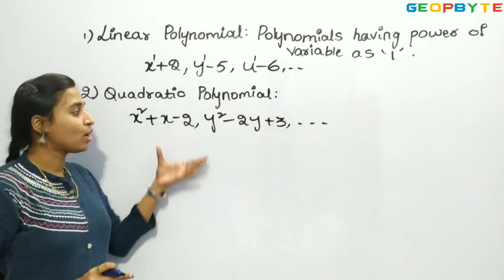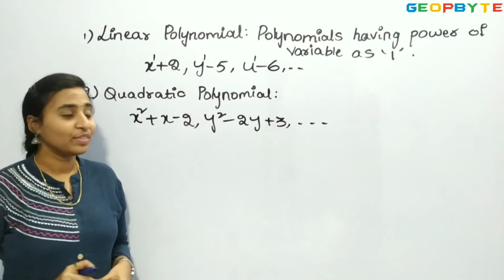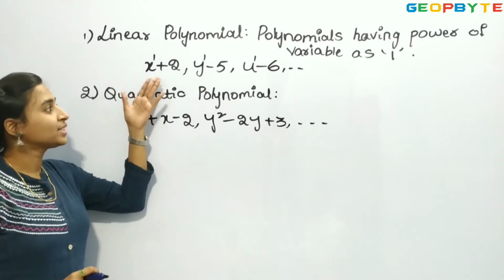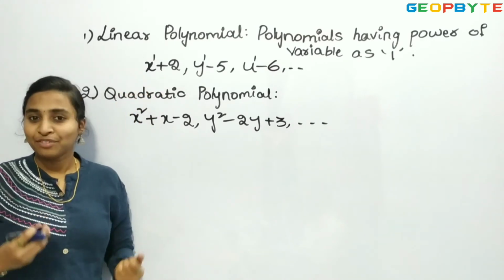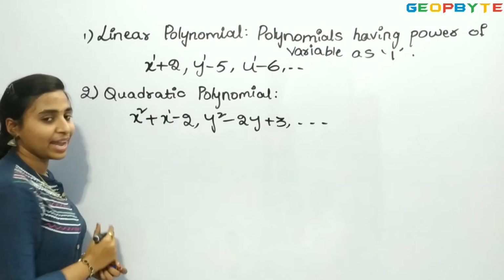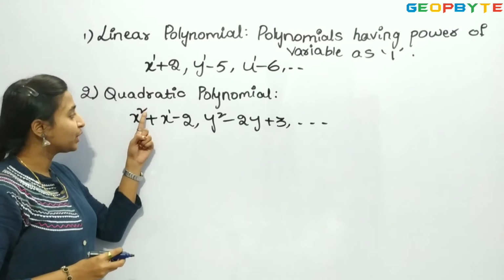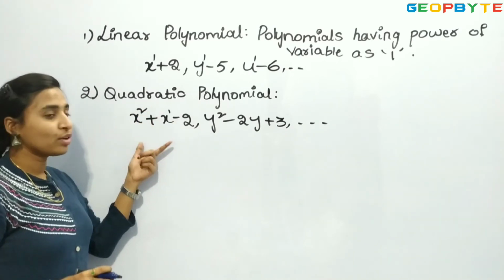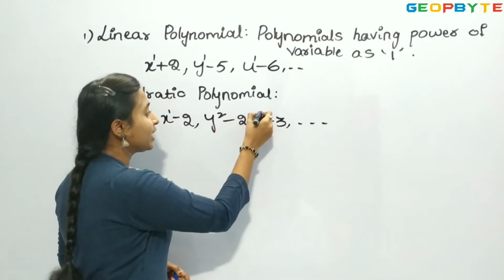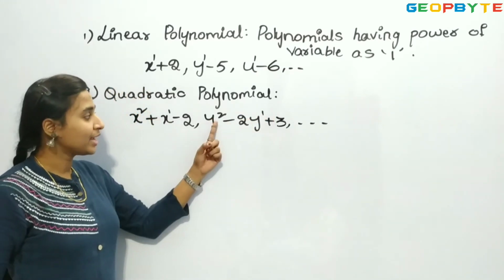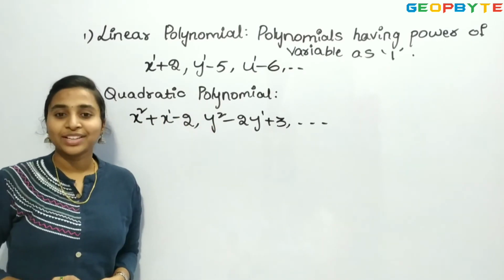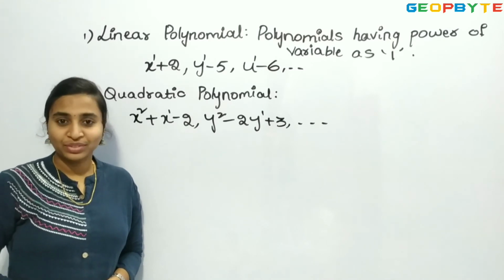The polynomials of this type have the highest power of the variable as 2. Here we have power 1 for x, but the highest power is 2. So, these types of polynomials are called quadratic. Here also it is 2, and here it is 1, but the highest power is 2. That is why it is called a quadratic polynomial.